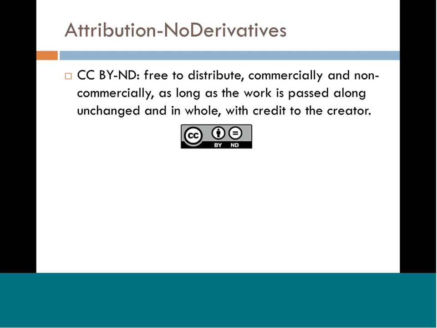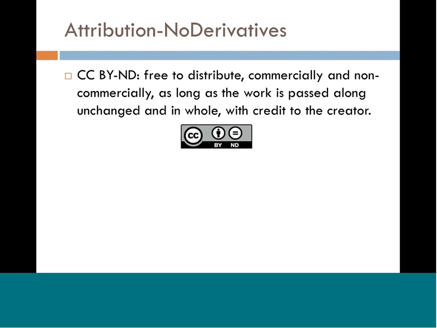The second license type is Attribution-NoDerivatives, or CC BY ND. You'll see this logo on the screen associated with it when you're looking at online repositories of OER.